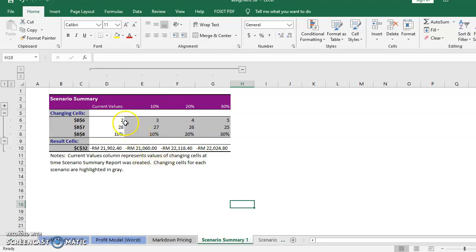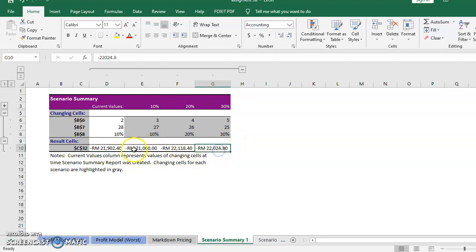Even though I increase the days of discount from 2 days, 3 days, 4 days and 5 days, decrease the days at full retail price from 28, 27, 26 and 25, and increase the discount rate from 10% to 30%, the result is that sales in discount revenue are still negative.